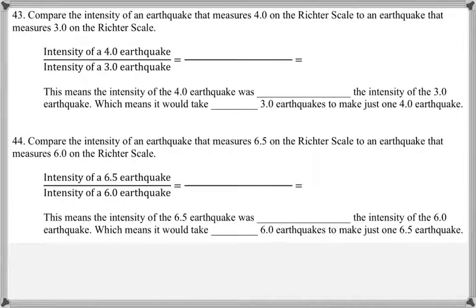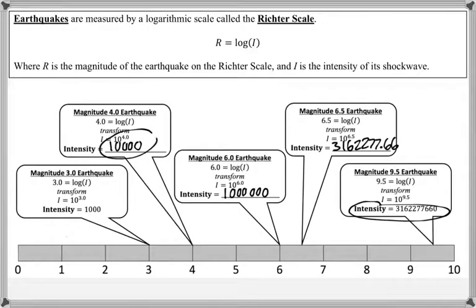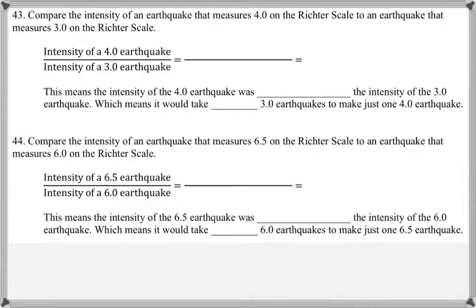Okay, so number 43 says, compare the intensity of an earthquake that measures 4.0 on the Richter scale to an earthquake that measures 3.0 on the Richter scale. To do this, I want to divide the intensities. So I want to divide the intensity of the 4.0 by the intensity of 3.0. We've already figured out what those intensities were, so I just need to divide them now. 10,000 divided by 1,000 is going to give you 10.